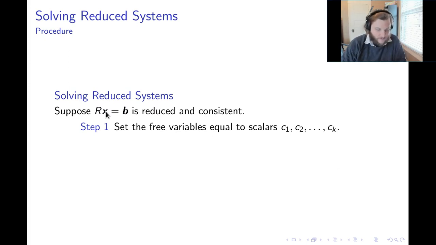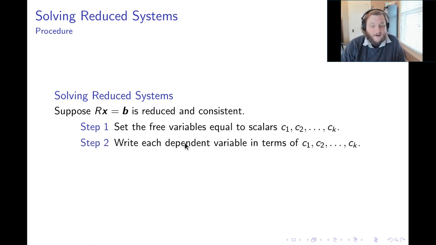So let's say our system Rx = b is reduced and consistent. The first step will be to set the free variables equal to any scalars we like, and we'll use the variables c1, c2 up to ck, where k is the number of free variables. Then, because we're in reduced row echelon form, we can use each equation in the system to write the dependent variables in terms of the free variables.